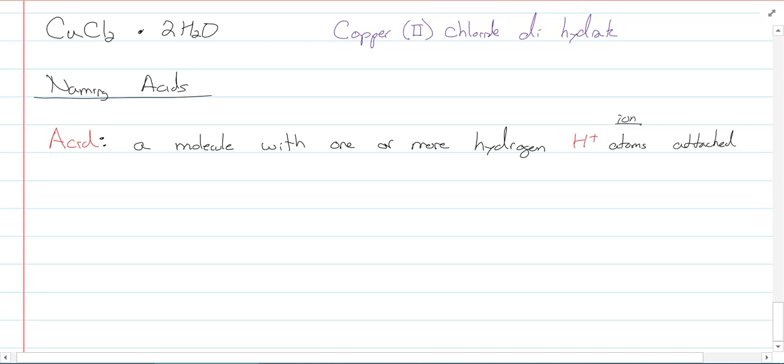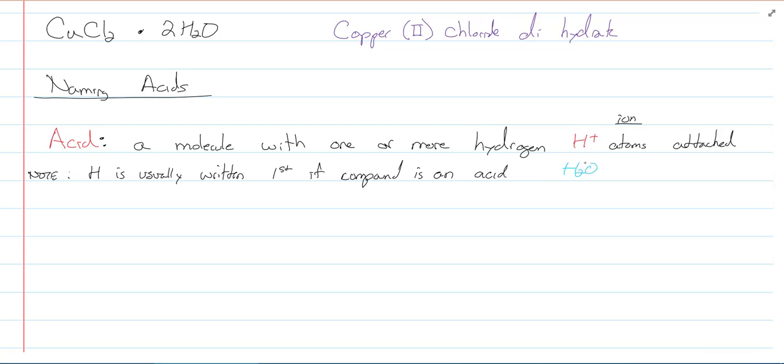Now, note, H is usually written first if the compound is an acid. The obvious notable exception would be H2O, which is not an acid.